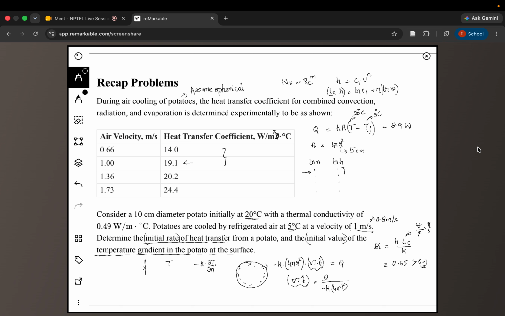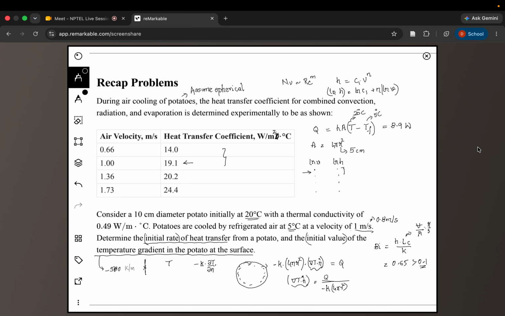What was the value for the temperature gradient that you calculated? Around minus 580 or something, Kelvin per meter or Celsius per meter.